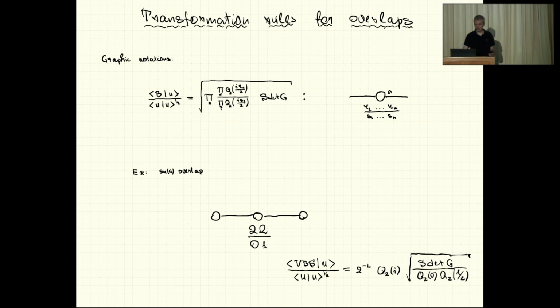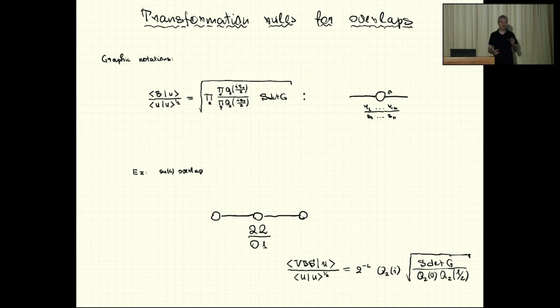It should always remain of this type, with a product of Q functions under the square root. The Jacobian should cancel some of these Q functions and produce new ones, but it shouldn't spoil the form of this formula.